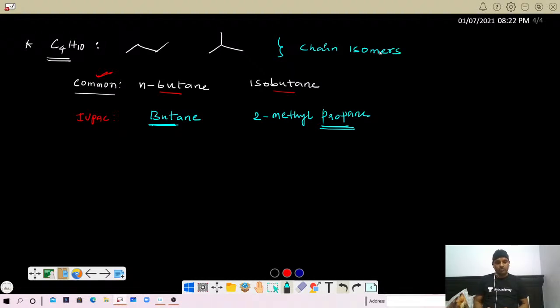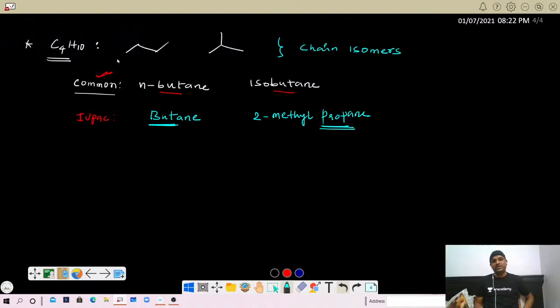If you have any doubt, you can text me and I will try to explain to you. So with 4 carbons, how many chains are possible? Because to write the possible number of isomers, the first basic idea is writing the possible chains. If you know the possible chains, then the rest of the isomers we can easily write.